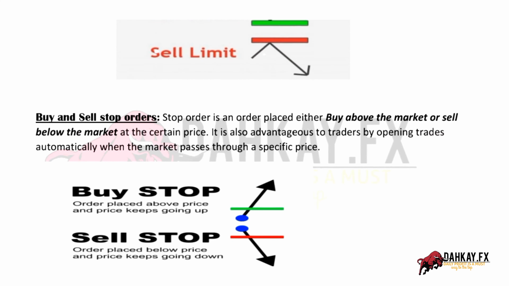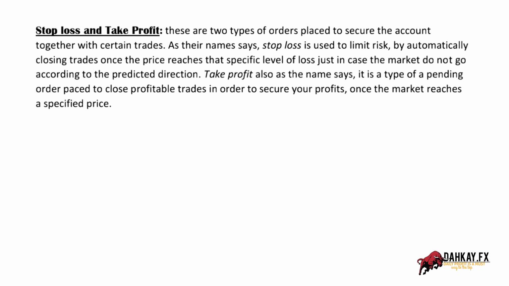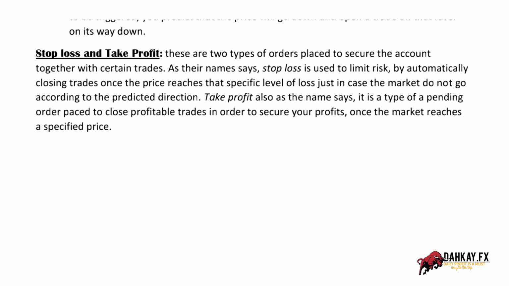So again guys, we have what we call stop loss and take profit. So stop loss, as the name says guys, it stops you from losing, or it stops the losses, and take profit takes the profits.